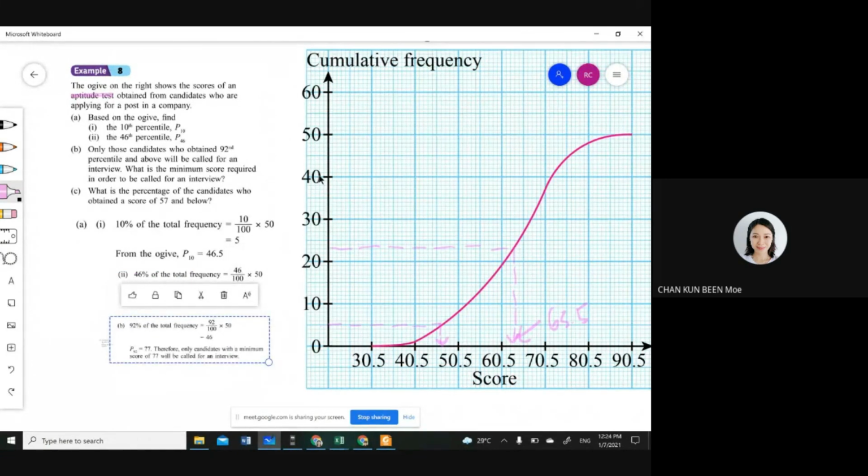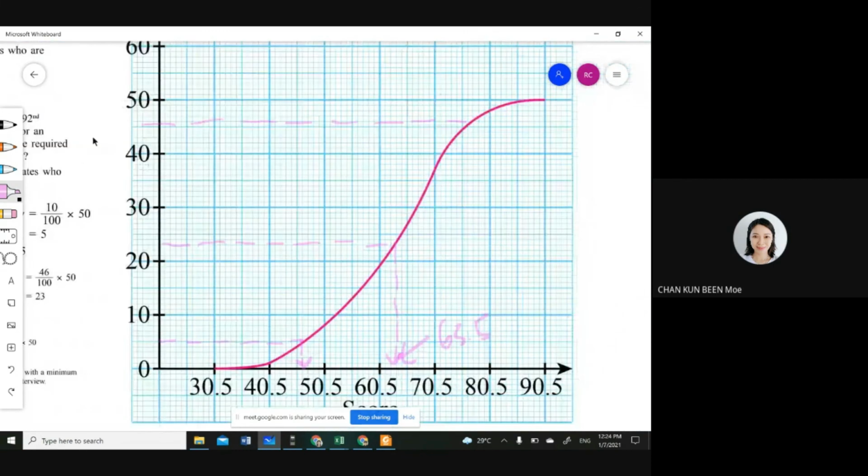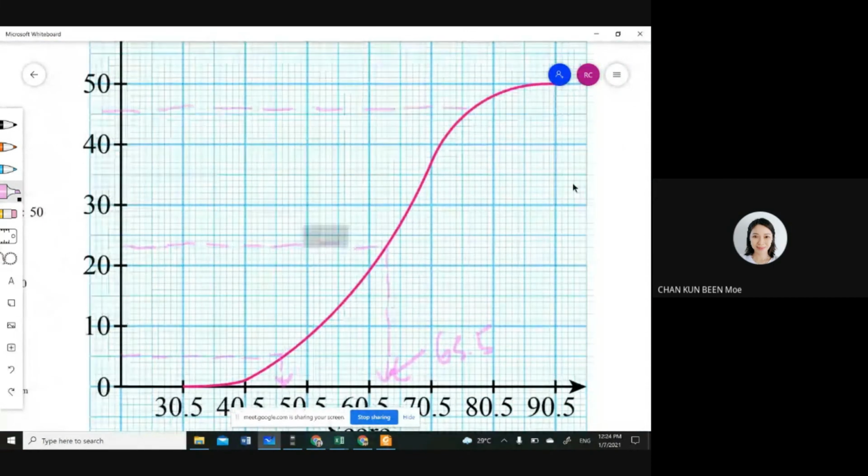You have to refer to the 46 cumulative frequency here. So you move. You keep moving until you meet the ogive. If I enlarge the ogive, it will meet somewhere in between here. So we cannot choose on the right, we cannot choose on the left.